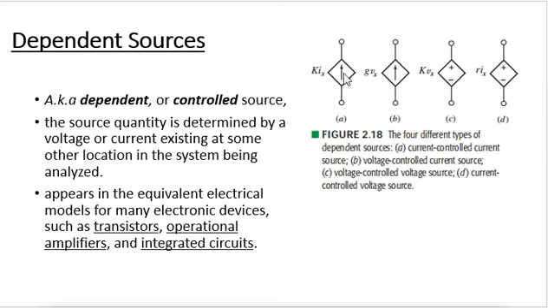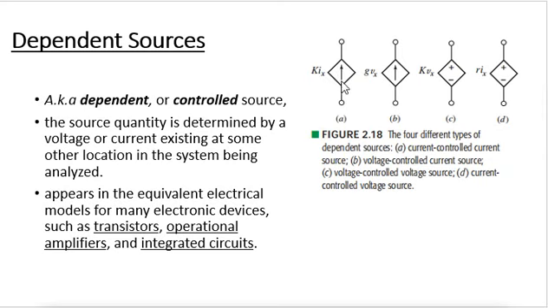Okay, the last type actually of our source is the dependent. Kung merong independent, meron din tayong dependent. By the way, this is the symbol. How do we know na dependent siya? Pag triangle, dependent. Kapag circle, independent siya. Again, diamond, dependent.